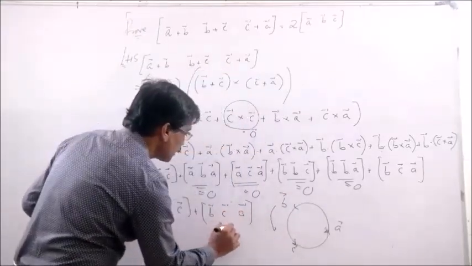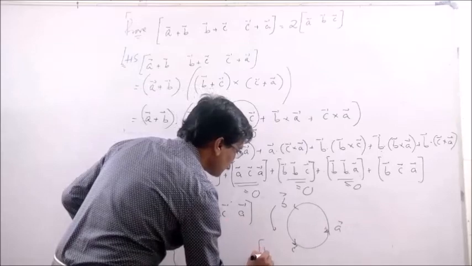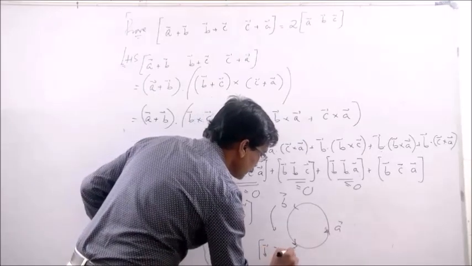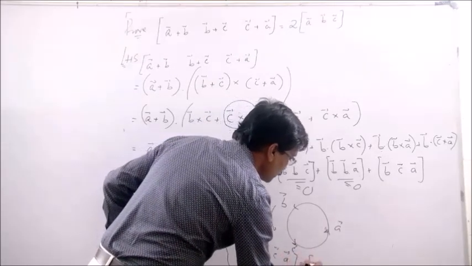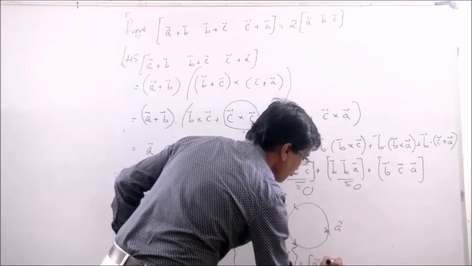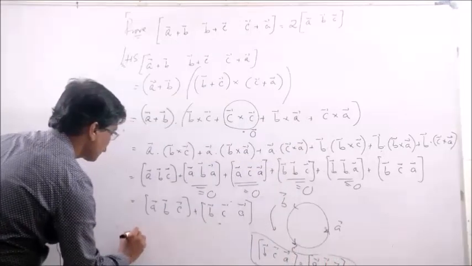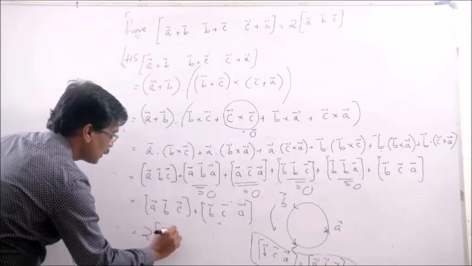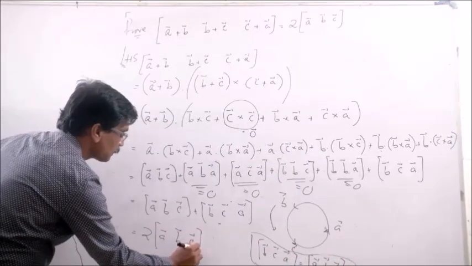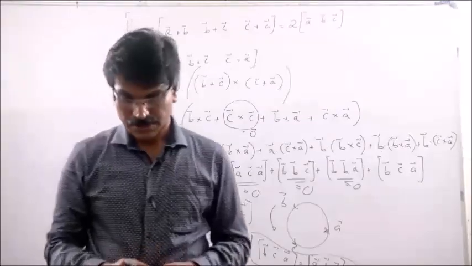So, [B C A] is equal to [A B C]. So, this is equal to 2 times [A B C] vector. Thank you.